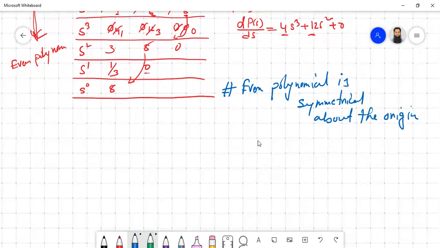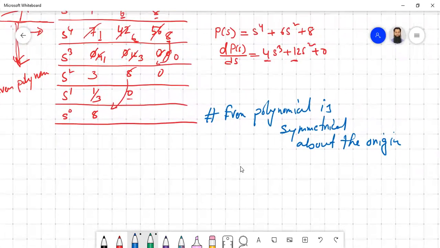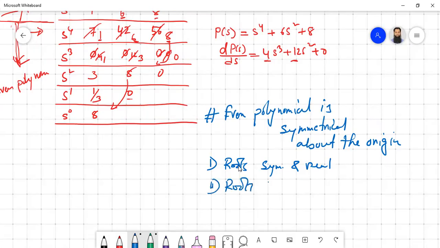So what does it mean? There are three possible cases. Number one, the roots can be symmetrical and real. Then roots symmetrical and imaginary.